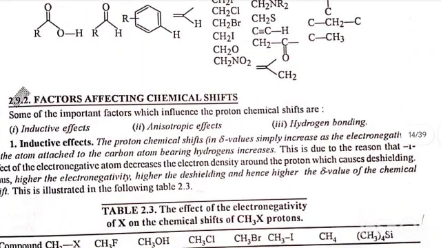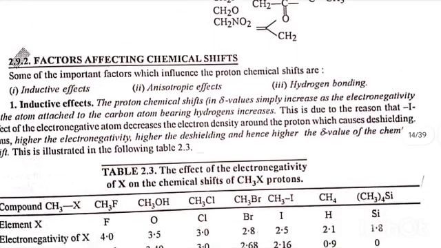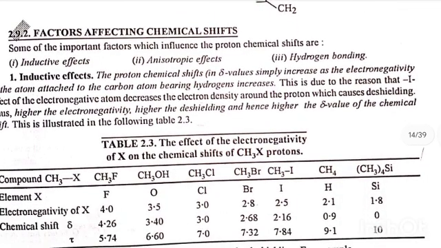Factors affecting chemical shifts. Some of the important factors which influence the proton chemical shifts are inductive effects, anisotropic effects, and hydrogen bonding. Inductive effects. The proton's chemical shift increases as the electronegativity of the atom attached to the carbon atom bearing the hydrogen increases.